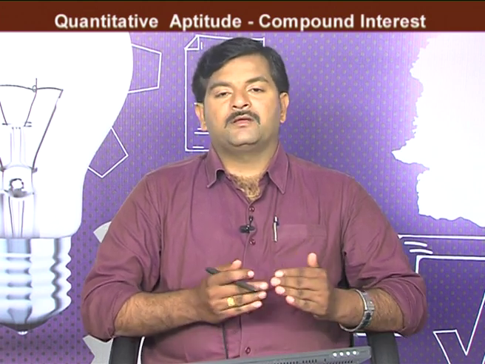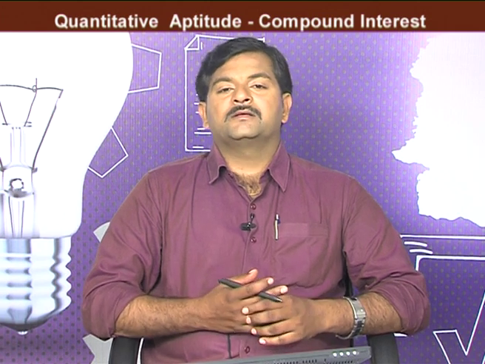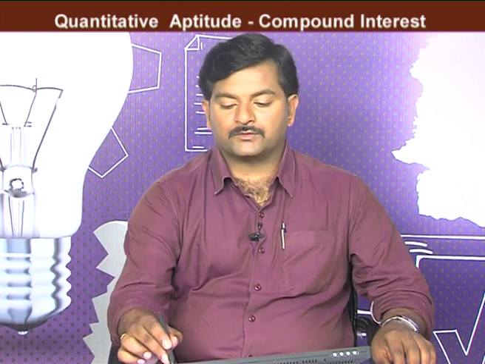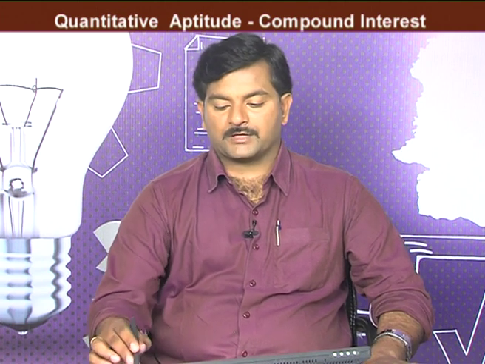That's why 16,000 into 105 by 100 into 105 by 100 into again 105 by 100. After simplification, 18,522 is the amount, but we have to find the compound interest, so amount minus principal. What is my compound interest? 2,522 rupees. I hope you understood.